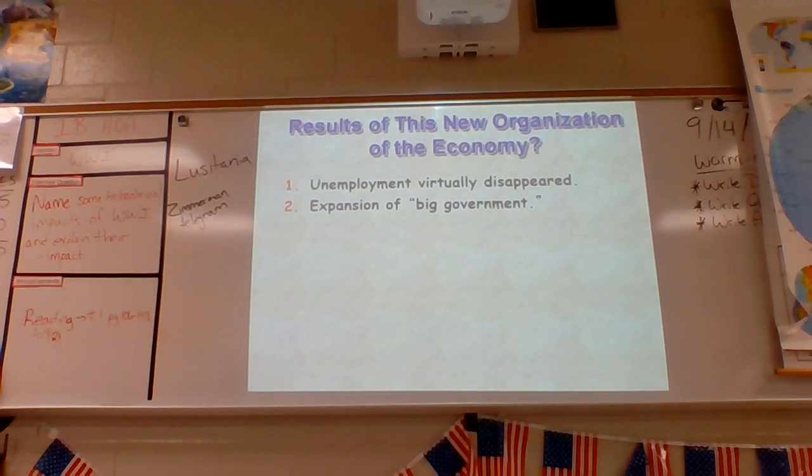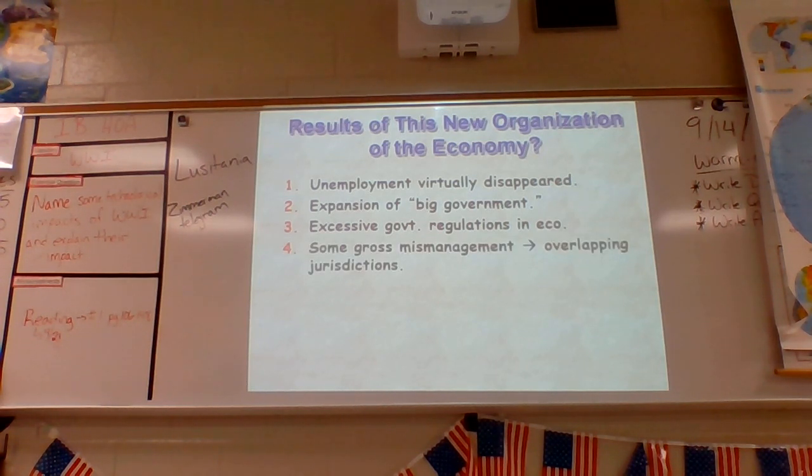You're also going to see this expansion of big government. So the idea that there is a war production board and they can tell the factories what to produce or how much they need to produce. We're going to look at 2 laws that were passed in the expansion of big government and the excessive government and regulations in the economy.